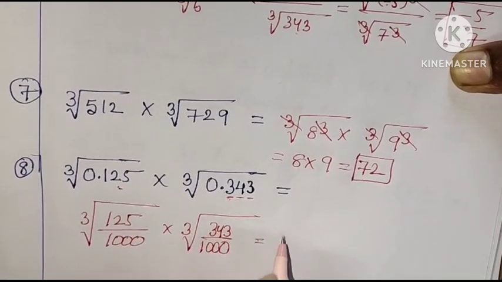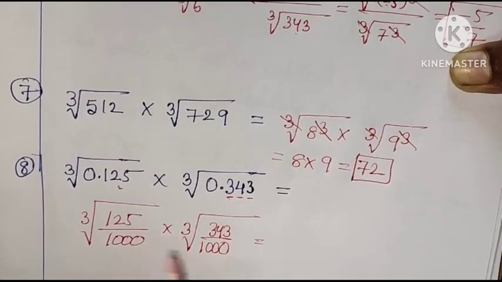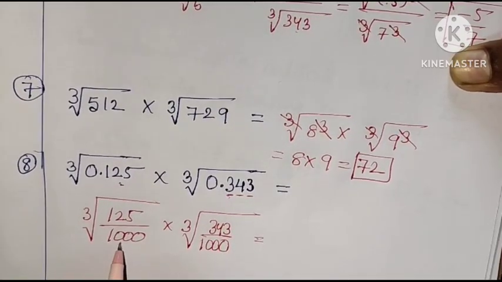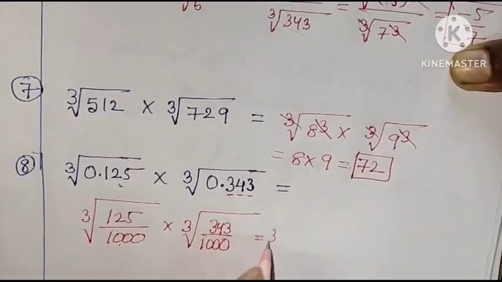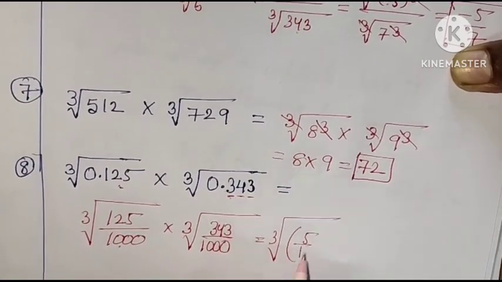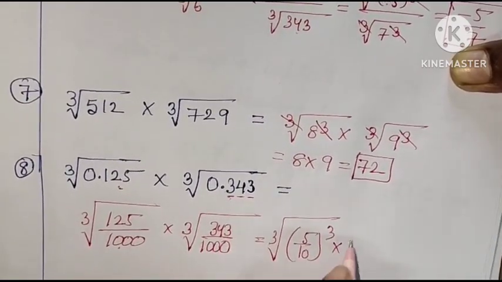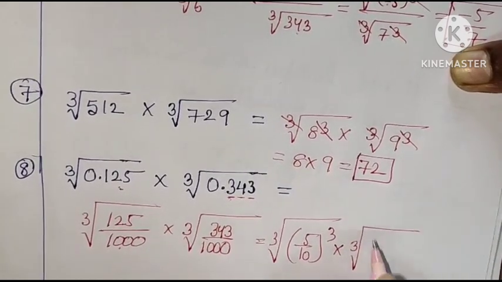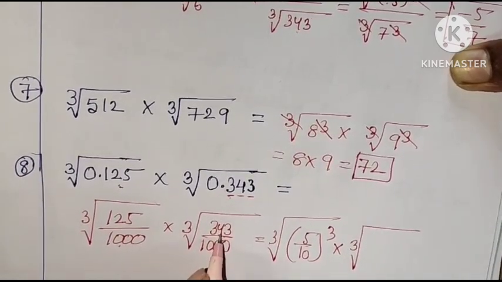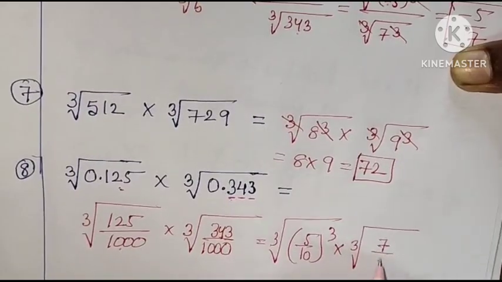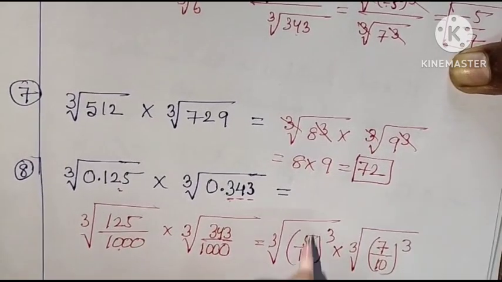Now cube root of 125 is 5 cube and 1000 is 10 cube. So we can write cube root of 5 by 10 whole cube. And here cube root of 7 cube is 343, 7 by 10 whole cube.